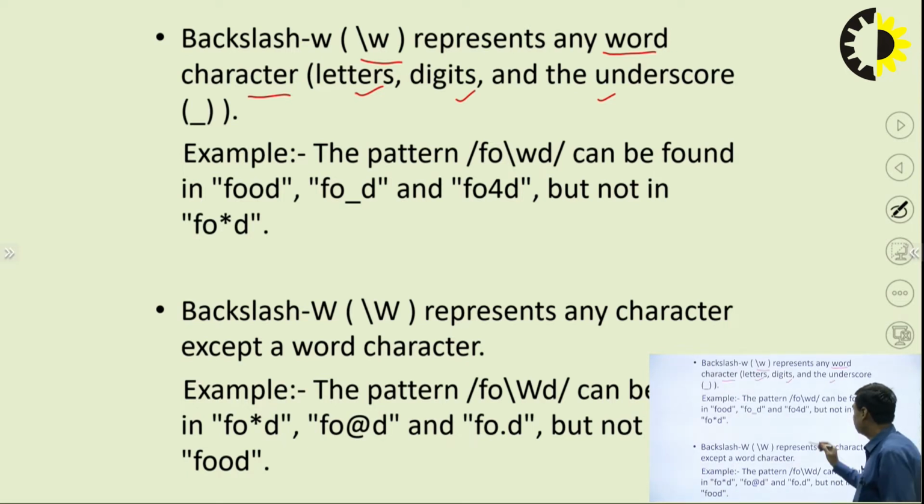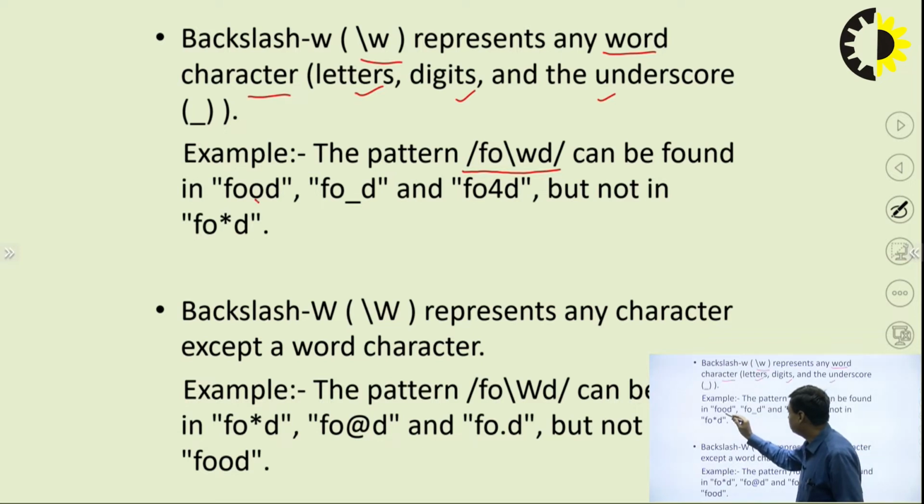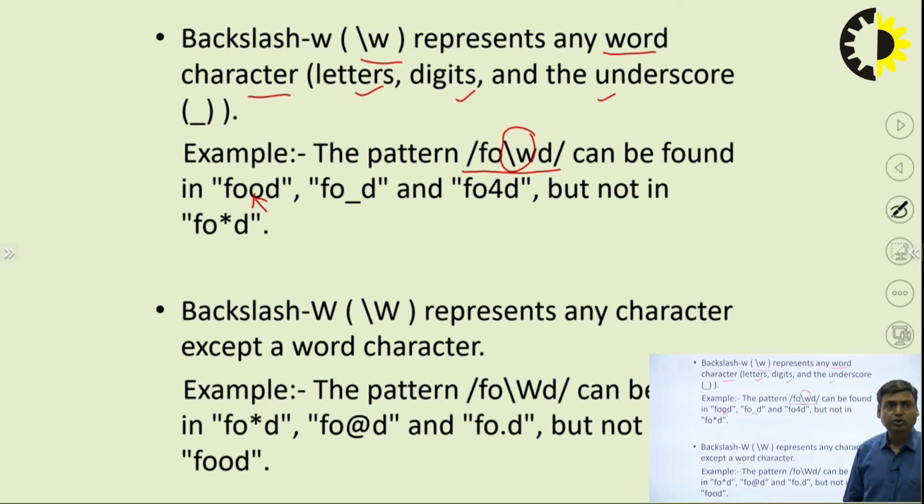So this is the example to define the regular expression pattern. Here we are using FO backslash w and D. Its meaning is it can be found at this position, because at the third position we have defined this character. So ensure that at the third position it is related to only one character. It can have any word character.